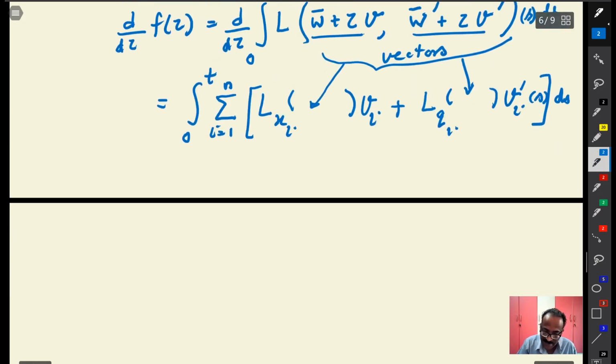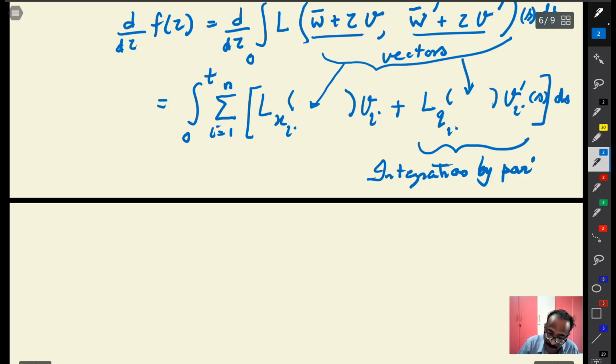Now look at the second term. Vi satisfies the zero boundary condition, so you have to do an integration by parts here. Vi at 0 and Vi at t is equal to 0.